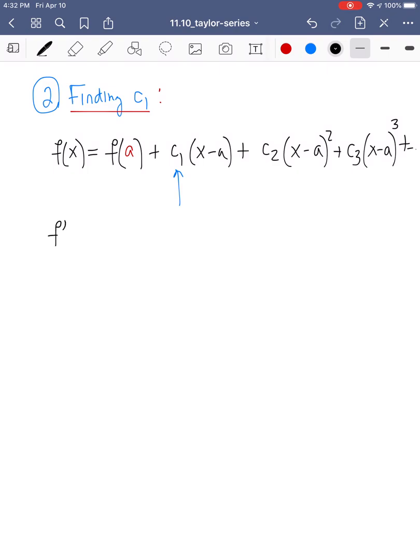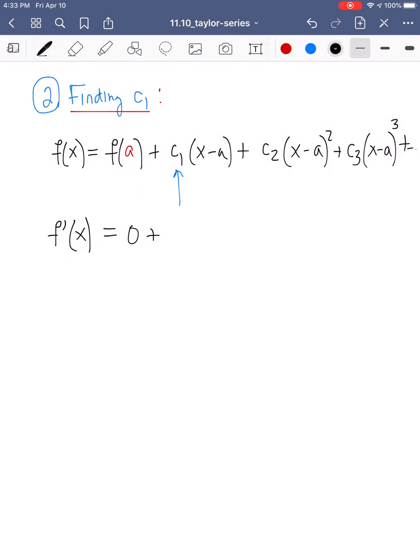Well, if we differentiate the left side, that's just the derivative of whatever function we have. If that function was sine, that's now just the derivative of sine, that's just cosine on that left side. Well, on this right side, what's going to happen when we take the derivative of each term? Well, f evaluated at a, that's a function evaluated at a specific x value. So that first term, that's just 0, because the derivative of any constant is just 0. Let's take a look at what the next term is.